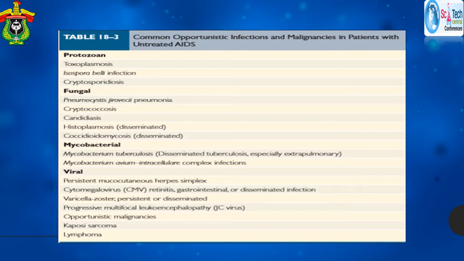From the bacteria: Mycobacterium tuberculosis, Mycobacterium avium intracellulare complex infection. The virus: herpes simplex, CMV, varicella zoster, JC virus. Opportunistic malignancy: Kaposi sarcoma and lymphoma.